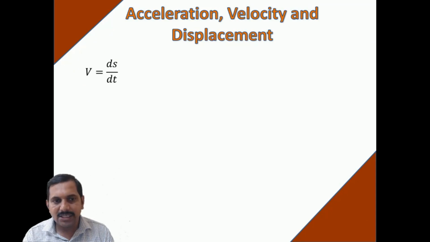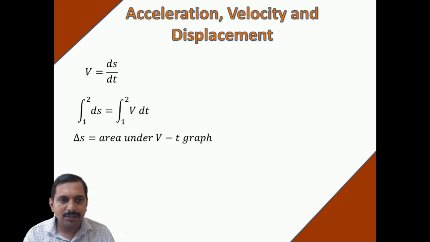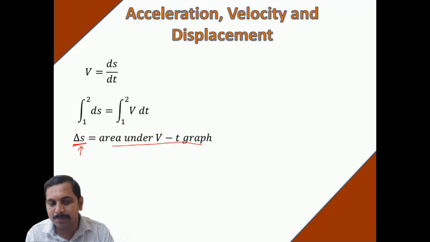Now let us understand this again, one more repetition. Velocity is ds by dt, so ds is v into dt. Here delta s, which is the change in displacement, is the area under the velocity time graph. This is displacement. Displacement is right, distance is wrong.